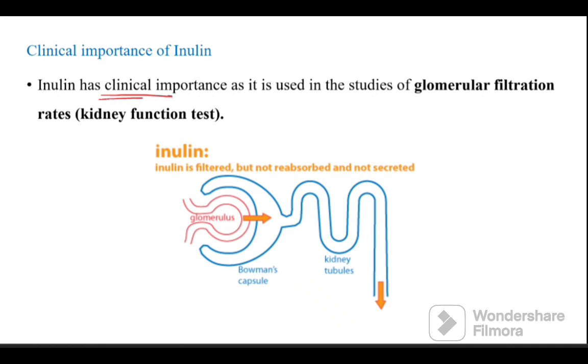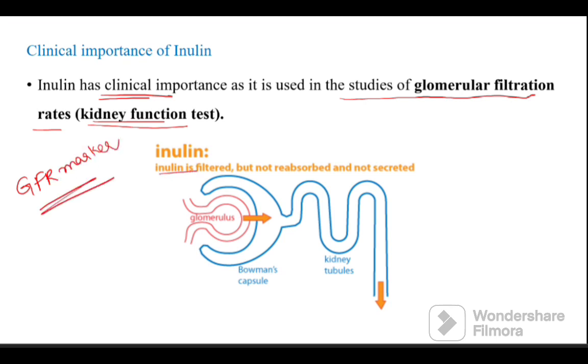But there is some importance of inulin. Inulin has clinical importance because it is used in studies of glomerular filtration rate, or in kidney function tests. Inulin is used as a marker for GFR because it is filtered but not reabsorbed and not secreted. Whatever inulin is given to the patient has to be filtered by the glomerulus and excreted outside.